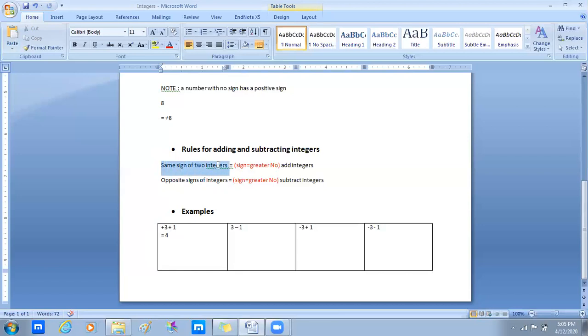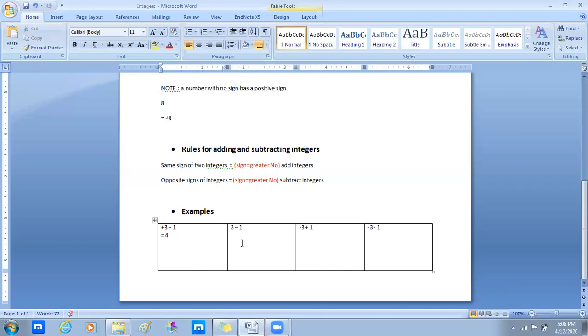If integers have the same sign, we will add the integers. So 3 plus 1 is 4 and the sign will be the one with the greater number. Here the greater number is 3 and the sign with it is plus. Either put plus with it or don't put plus, it means the same thing.